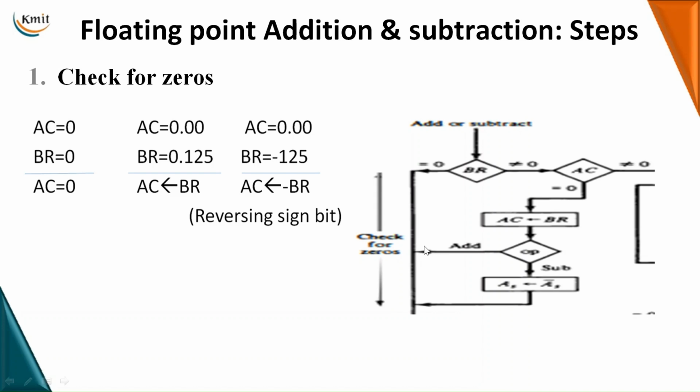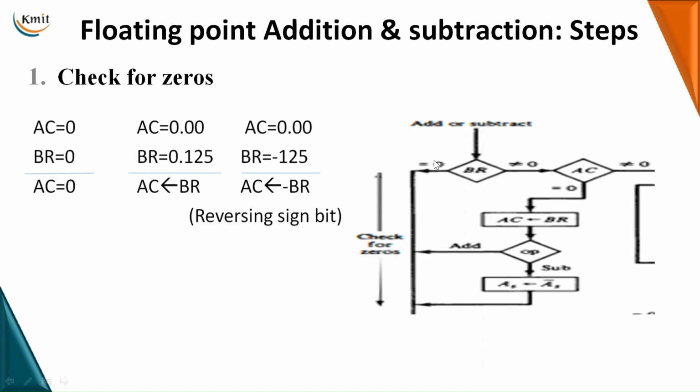But in case of a subtraction operation, you have to complement the sign bit of the contents of the AS flip flop, so that it becomes a negative sign. AS will become negative, and whatever is the contents of BR becomes minus BR. Okay. So that is in case of a subtraction operation. Because we are performing a subtraction of AC minus BR, the result should be minus BR. So that is how you perform it.